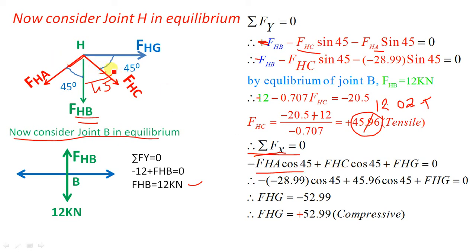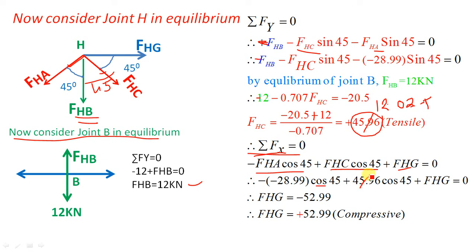Because it is in fourth quadrant, plus F of HC cos of 45 plus F of HG is equal to 0. What is your value of F of HA? That value is minus 28. Substitute that value, minus minus gets plus. So minus 28.99 cos of 45 plus F of HC cos of 45.